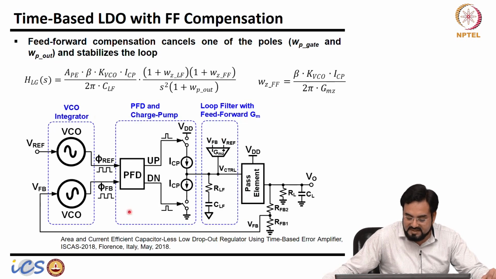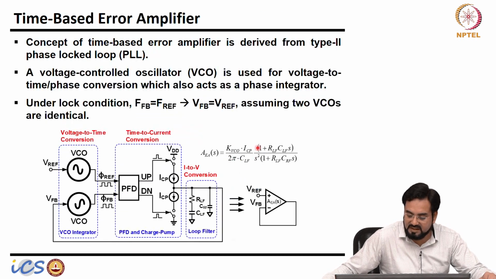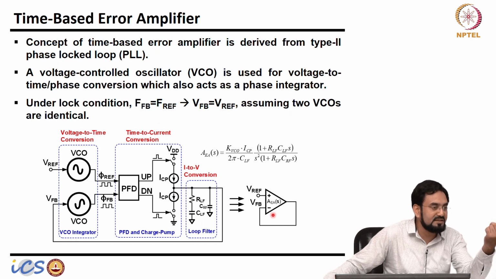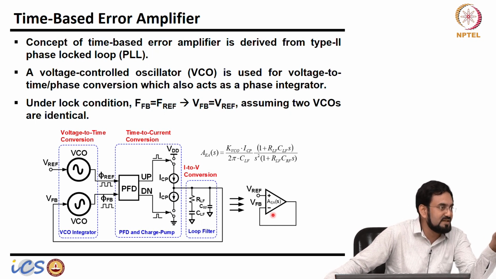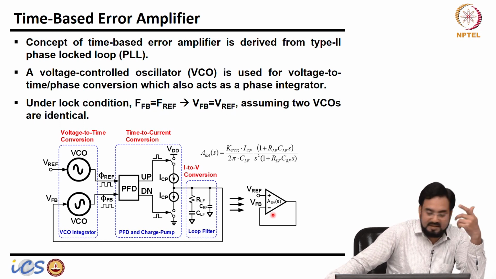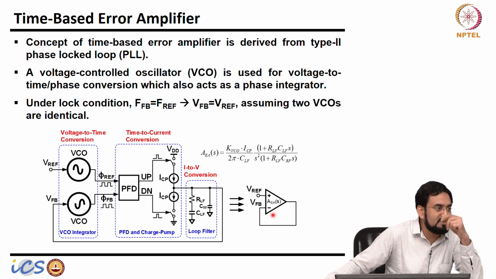So the advantage here is this error amplifier is behaving like an ideal error amplifier. I mean, in the standard voltage mode, gain is limited by GM into ROUT. Here there is no GM ROUT as such, gain is not limited by that.